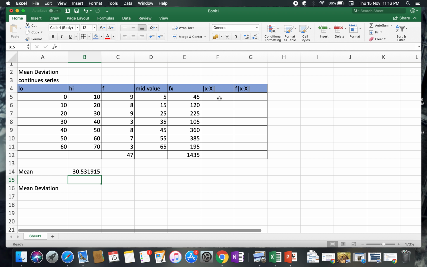Now, what is the mod of x minus x bar? This x bar here is the mean. We're going to subtract this mean from each mid value. You also have to fix this with a dollar sign.